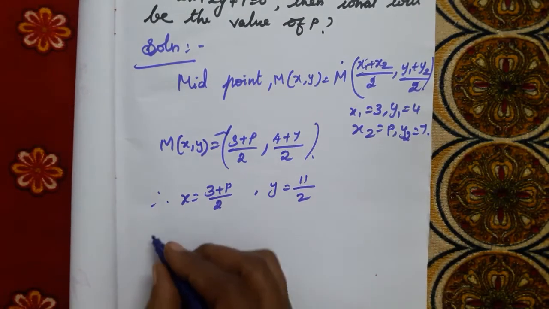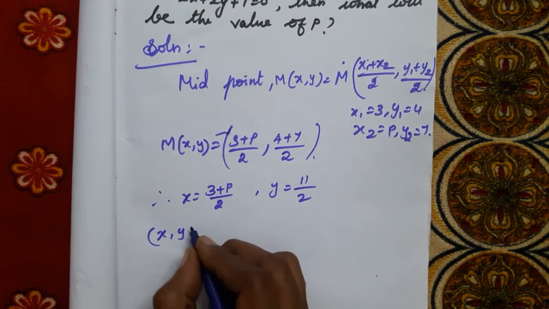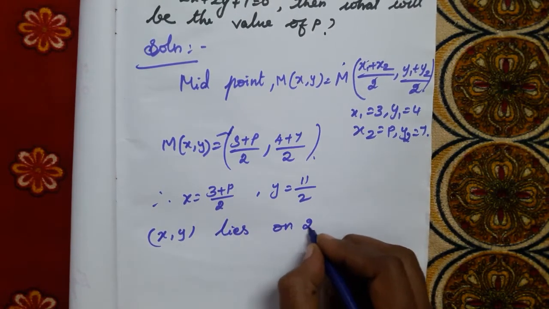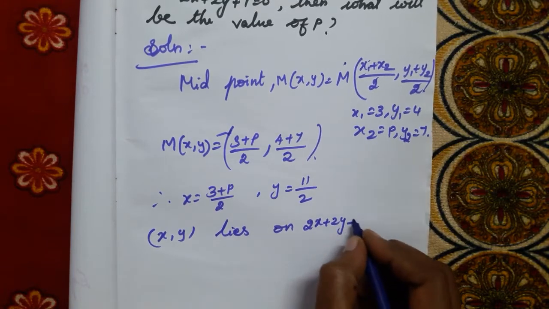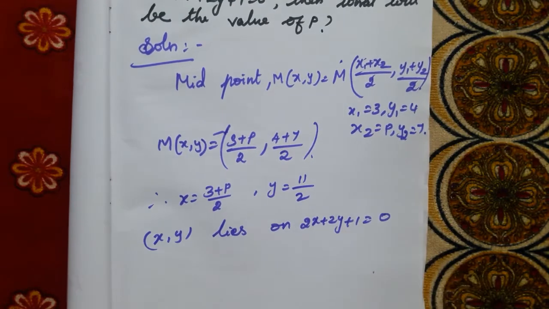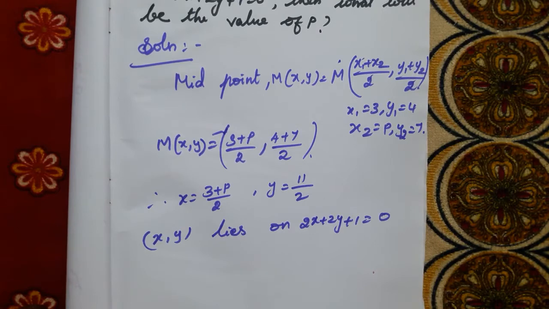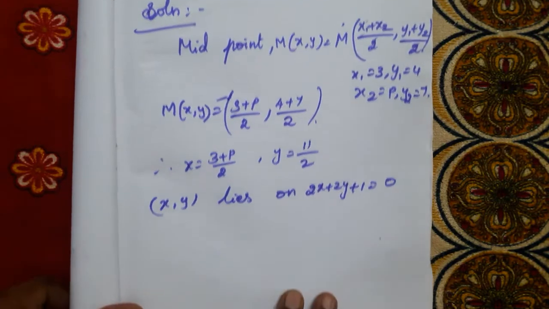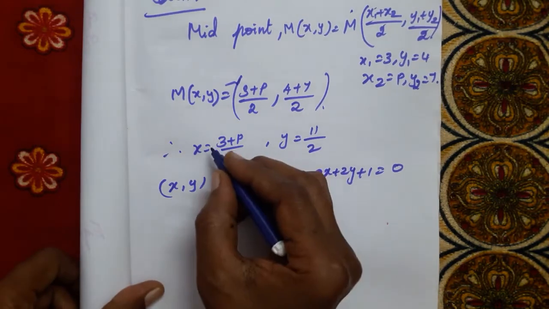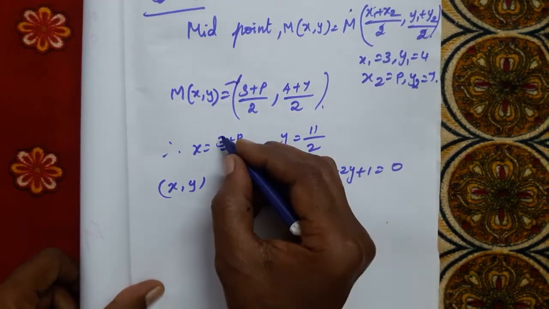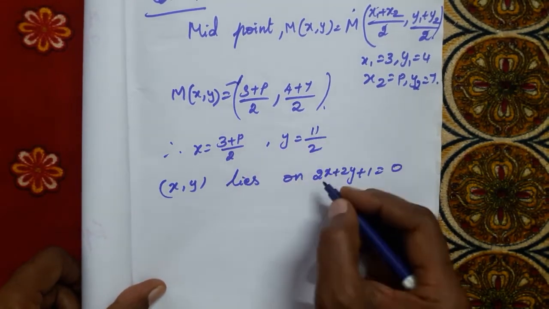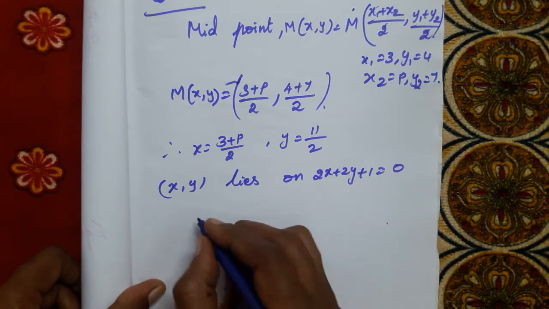Next, (x, y) lies on 2x plus 2y plus 1 is equal to 0. It lies on this straight line. Therefore, we can substitute x in place of (3 plus p) by 2, and y in place of 11 by 2.